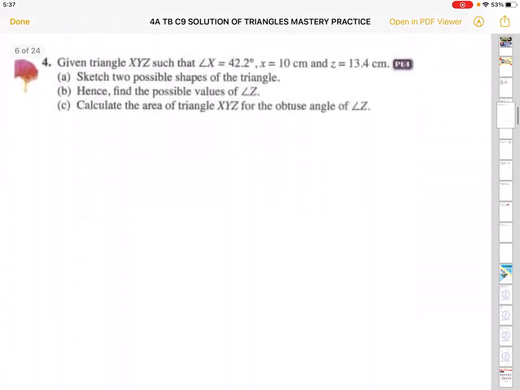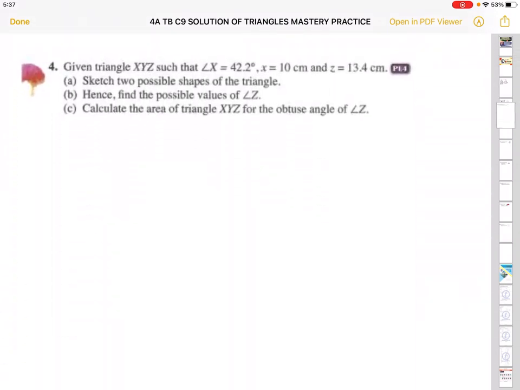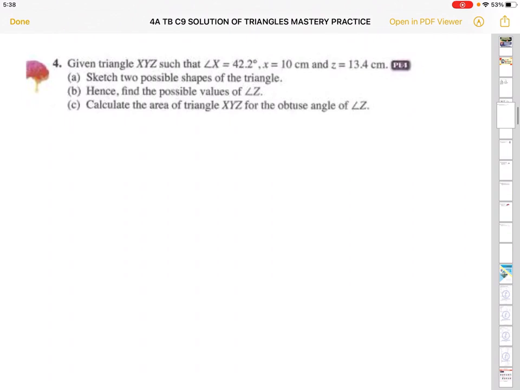Okay, now this is the case involving ambiguity. So number 1, I would draw angle X, 42 degrees. Let me draw something like this. 42 is around here. This looks like 45, it doesn't matter. 42.2. Now let's say I call this angle x.